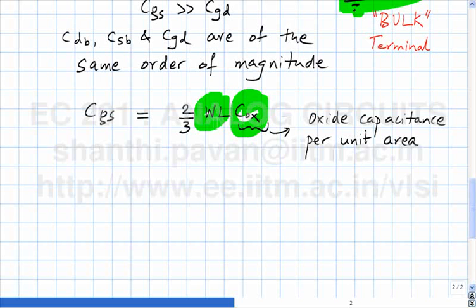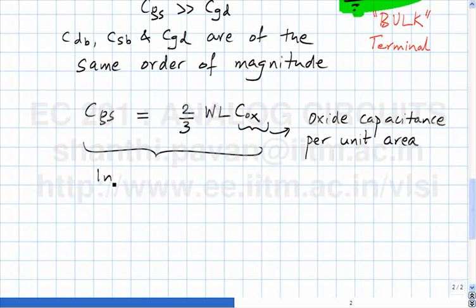Alternatively, if all device dimensions are typically in microns, COX is often quoted as femtofarad per micron squared. W and L are in microns, so CGS is typically quoted in femtofarad type numbers. It depends on the geometry of the MOSFET, and quite serendipitously, this is true in saturation.